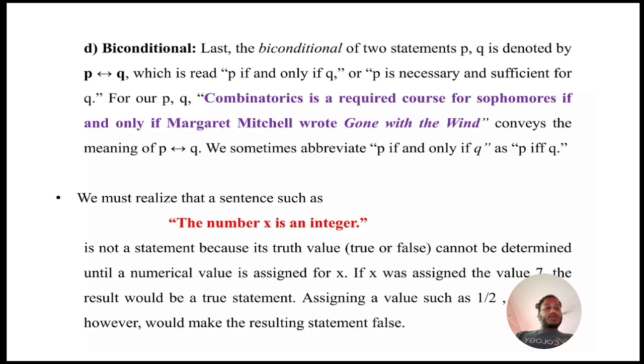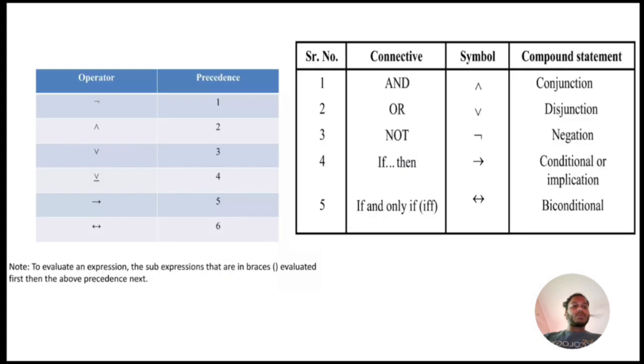Assigning a value such as 1/2, however, would make the resulting statement false. To evaluate the expression, the sub-expressions in the brackets are evaluated first, then the others by precedence. These are the tables.